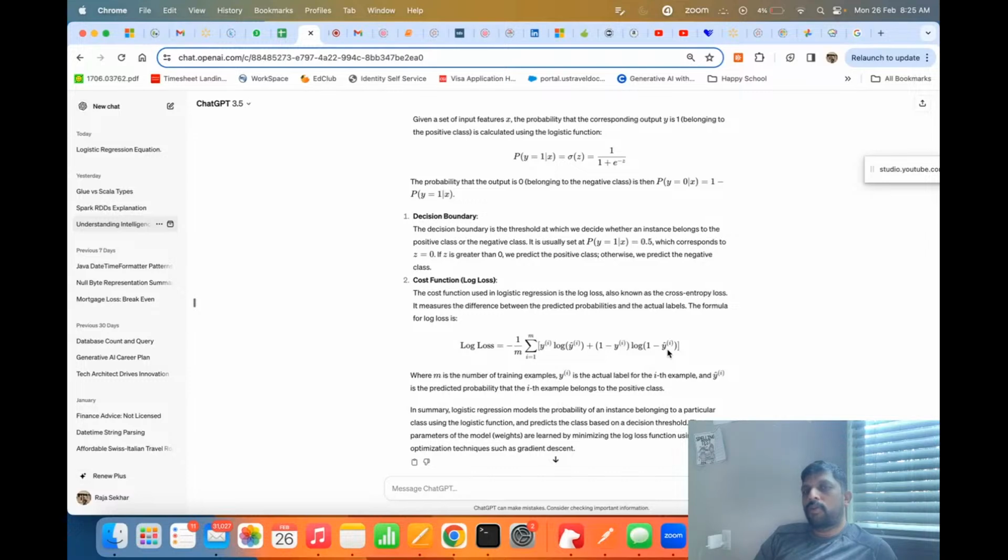For example, log of 0.5 on either side, because 0.5 is one place where both sides are possible, so the loss will be the same. If y is equal to 1, log of 0.5. If y is equal to 0, log of 1 minus 0.5 is again log 0.5. So the loss is the same. Similarly, it will keep varying based on the different values of the predicted outputs. Correct. That's the loss function with logistic regression.